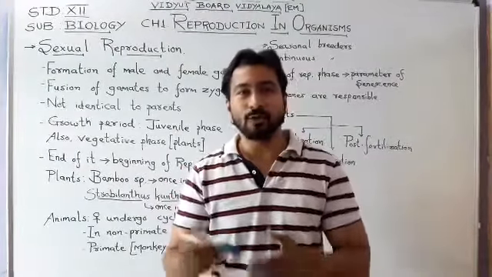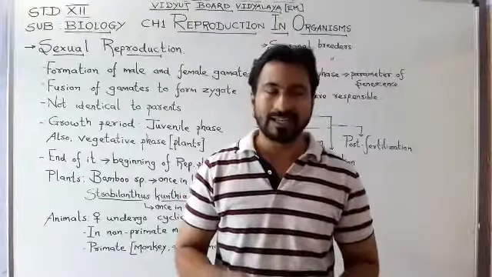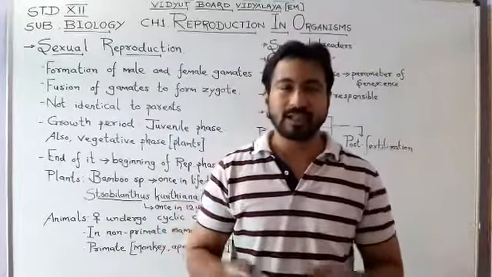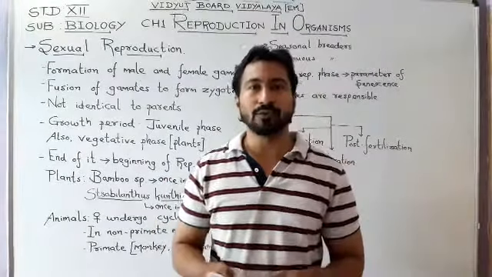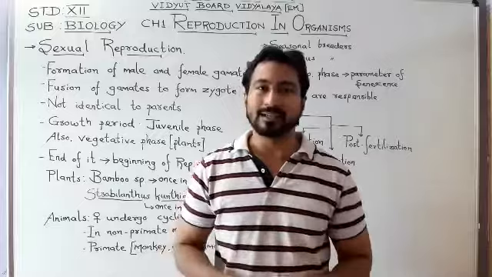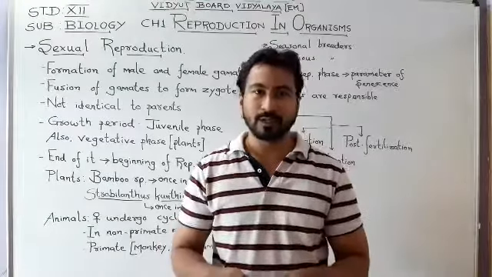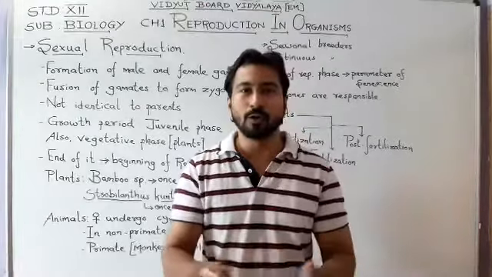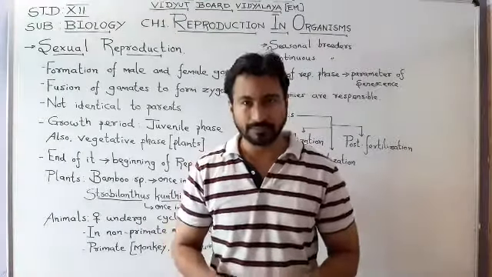Likewise, in the human female, the process is oogenesis, that is the formation of the ova or the egg in the body of a female. So the process ultimately takes place in the body of a male or a female human.